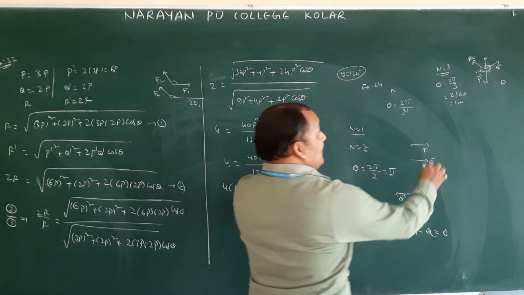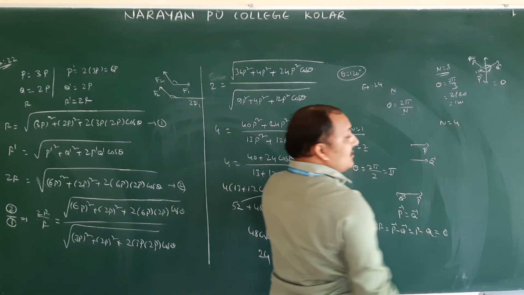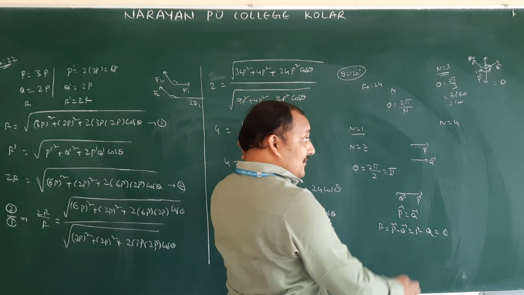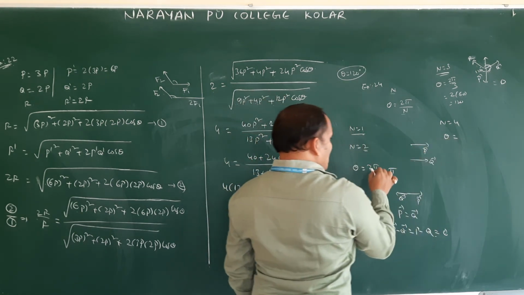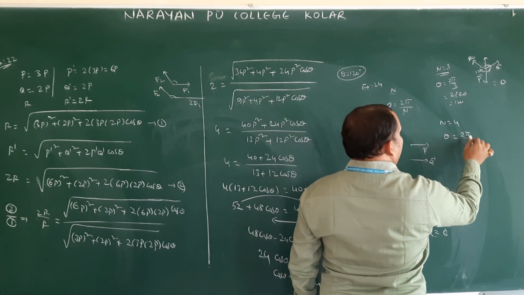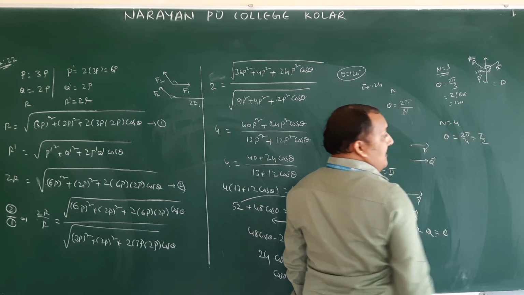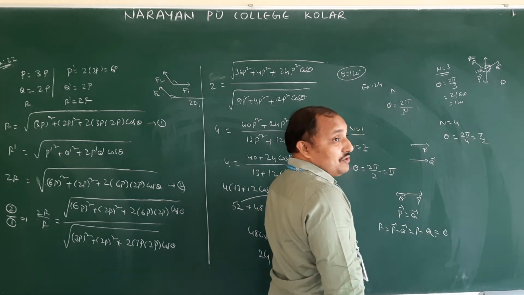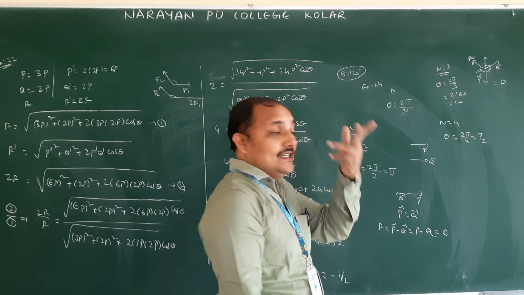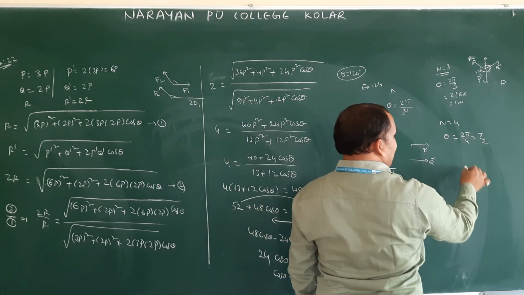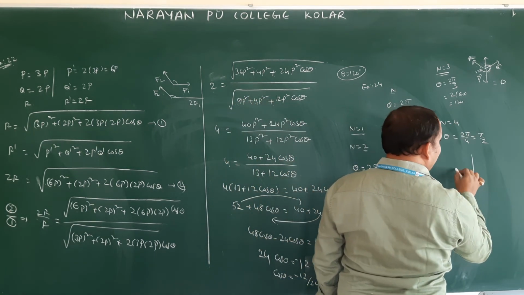Now we will see n equal to 4, which you can understand very easily. N equal to 4 means theta is 2 pi by 4, which is pi by 2. The angle between any two adjacent vectors is 90 degrees. But you should take 4 vectors, and all 4 are equal.